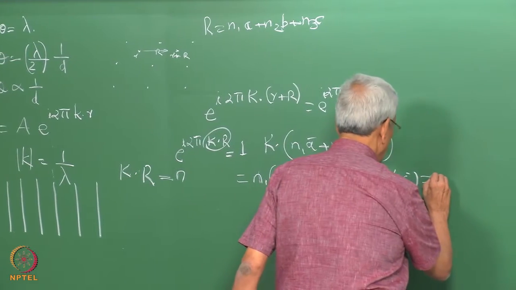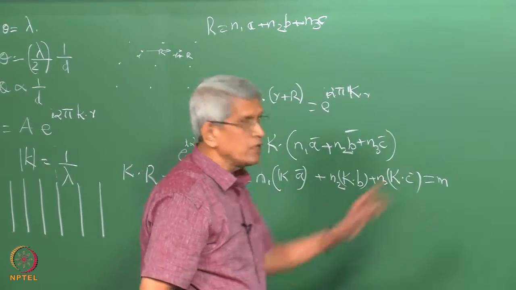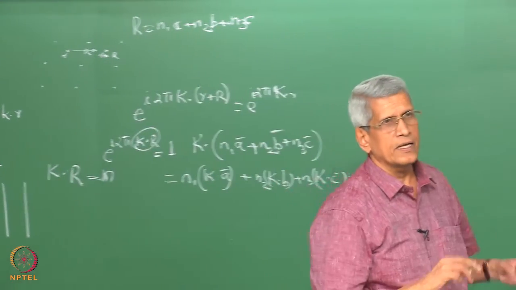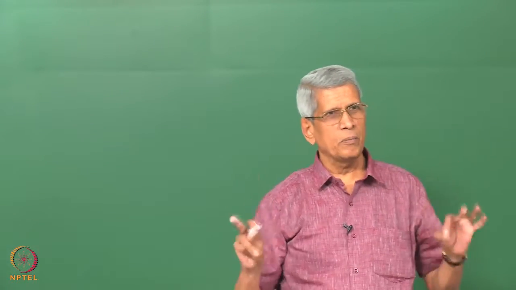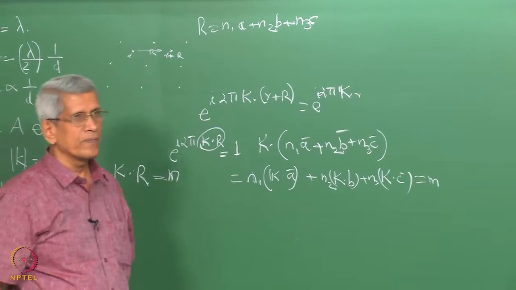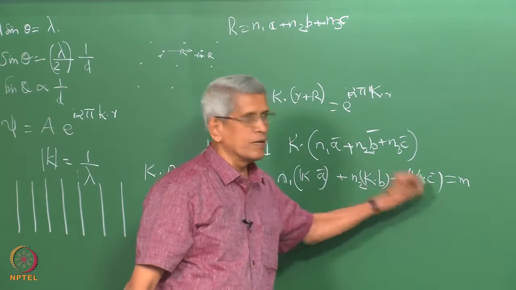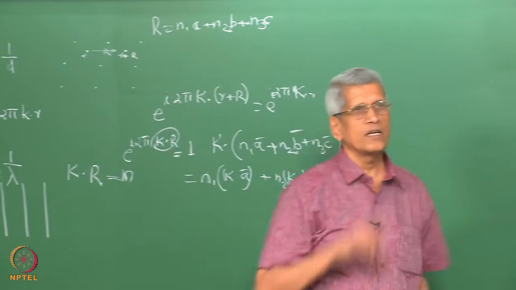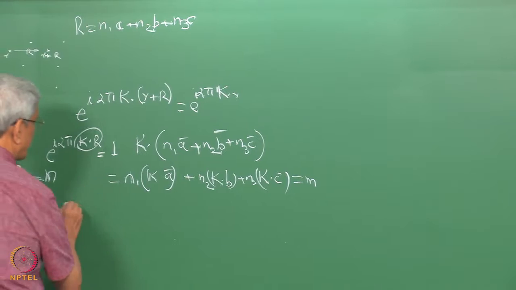And this has to become, suppose I write it as a constant m. This value m has to be an integer for all independent values. That means that since n1, n2, n3 are integers in the lattice, each one of these 3 terms individually has to become an integer.